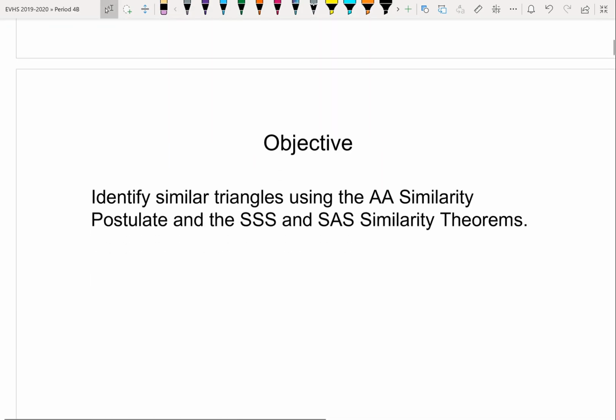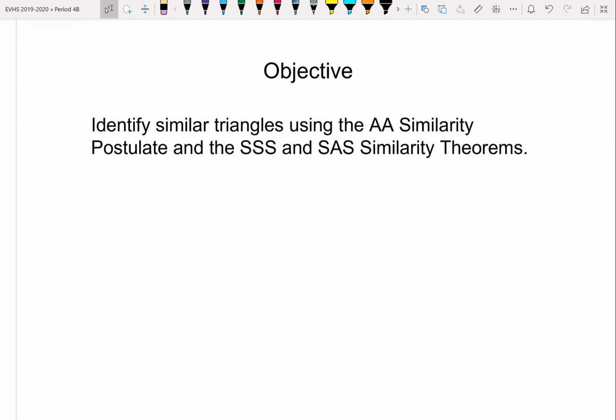Now, the purpose of what we're trying to do today is to prove or identify similar triangles using some similarity shortcuts. Just like with triangle congruency, we started off with CPCTC, corresponding parts of congruent triangles are congruent. We do not like that for proving that triangles are congruent because it's just flat out too much work.